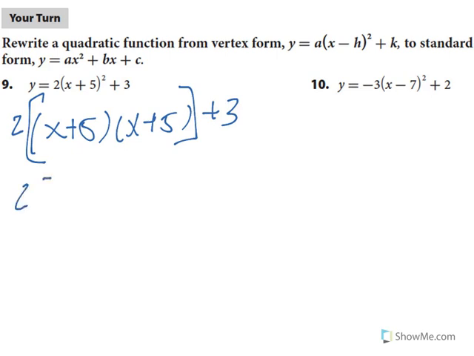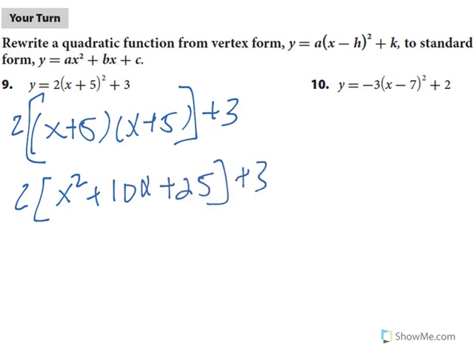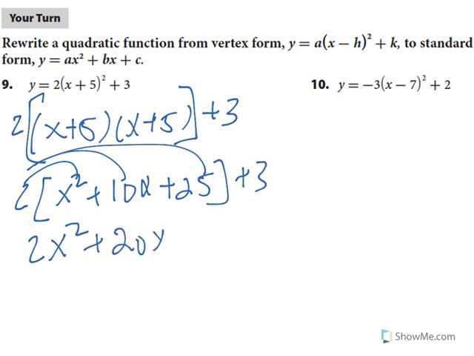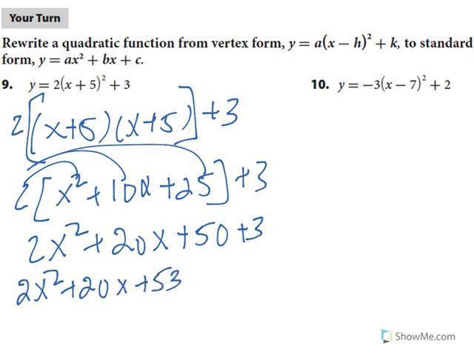So this is 2 times x squared plus 10x plus 25, and then plus 3. And now distribute the 2 in first before you add in the 3. So give us 2x squared plus 20x plus 50 plus 3. And then the standard form will be 2x squared plus 20x plus 53.